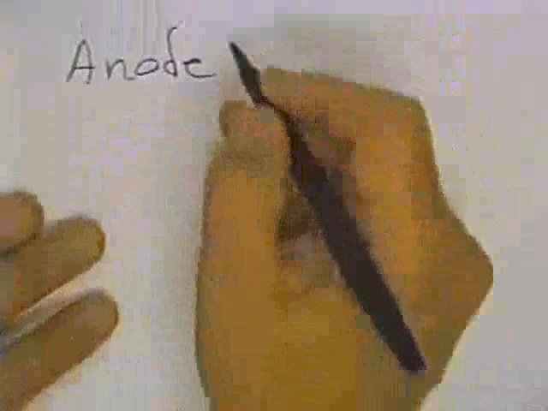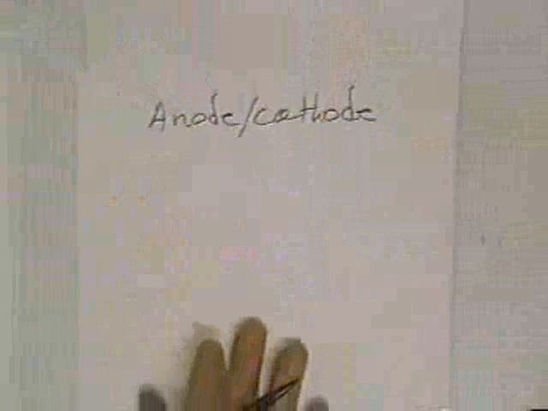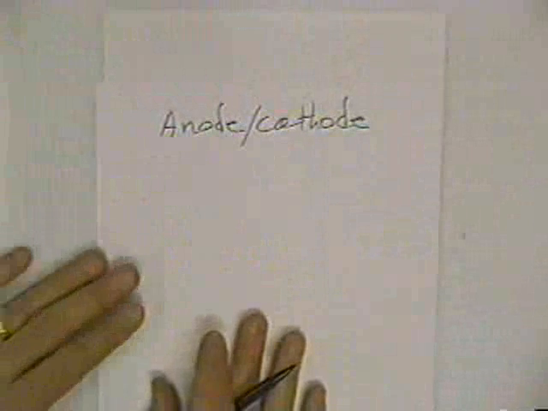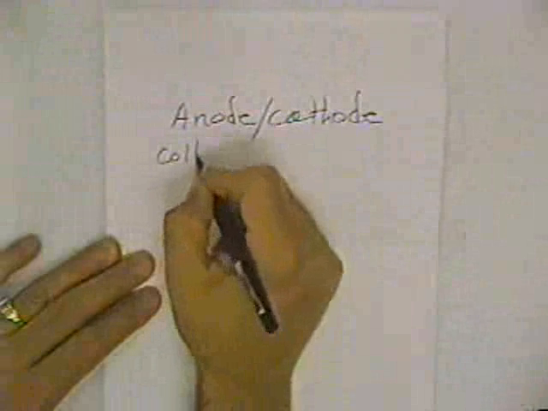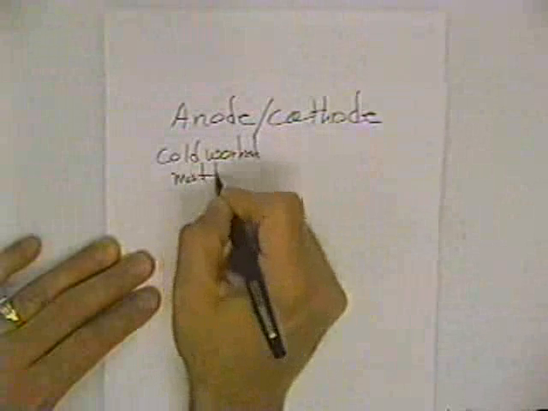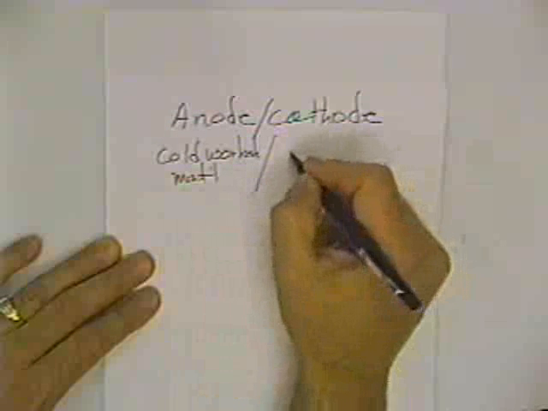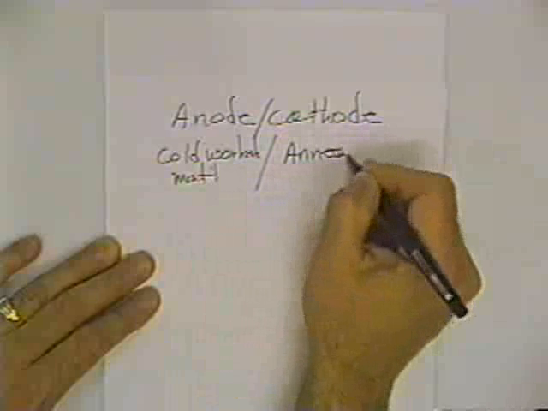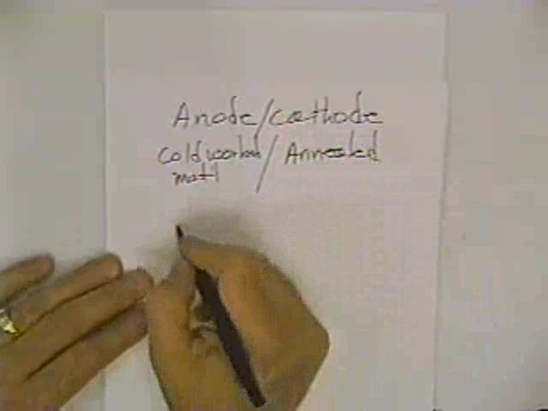And in addition to having materials of different chemical composition, you can also develop an anode and a cathode with respect to materials because of what has been done to those materials. For example, cold worked material will be anodic with respect to annealed material.